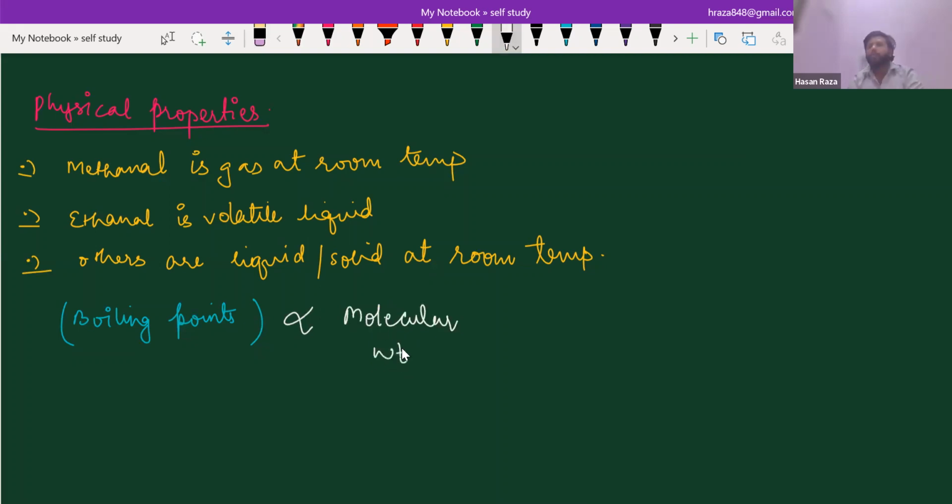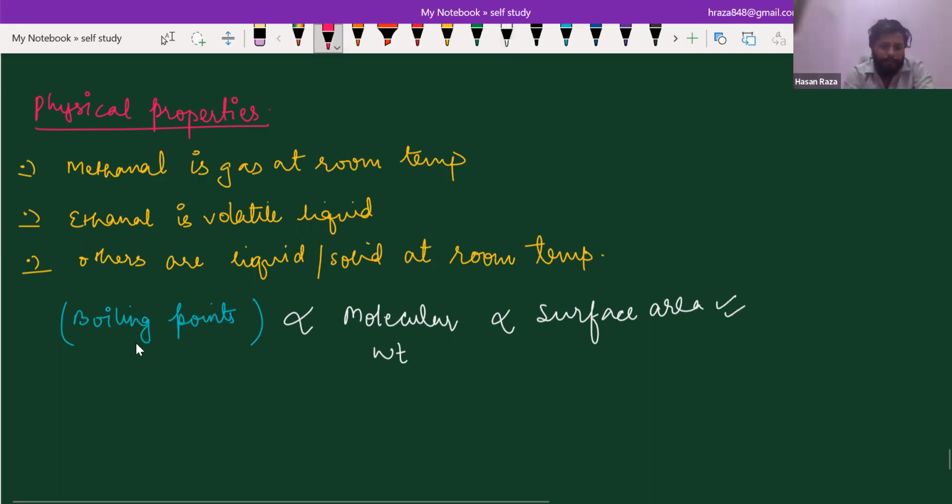That means if you compare an aldehyde with a lower molecular weight and one with a higher molecular weight, the higher molecular weight aldehyde will have a higher boiling point. It is also directly proportional to surface area. Always remember that.